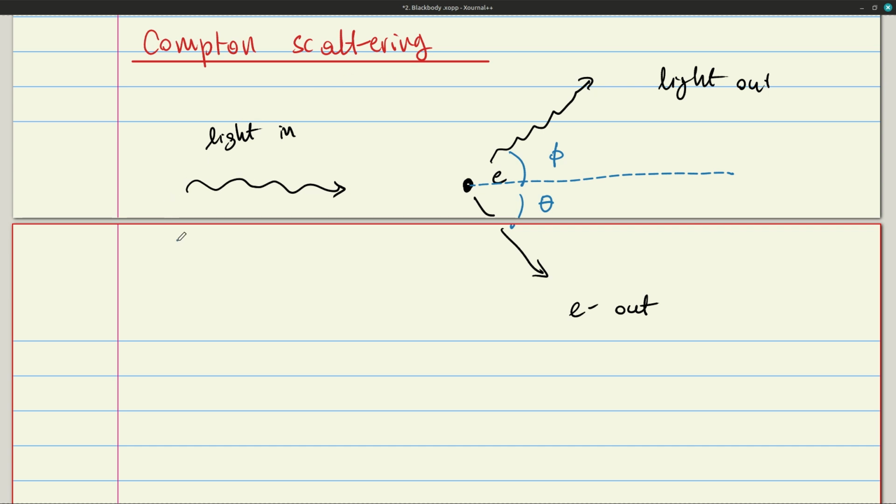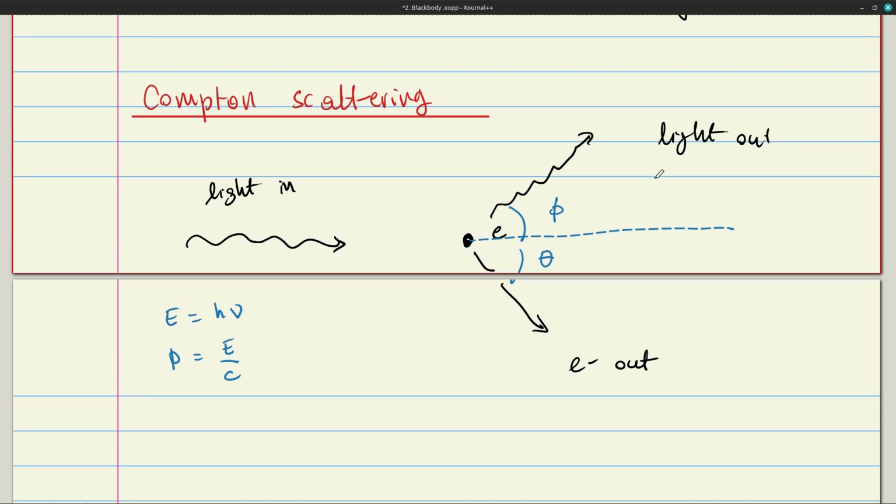On this side, the energy from Planck's law is h nu, right? And for momentum, if you remember relativity, m equal to 0, then E was equal to pc, so P is equal to E over c. On this side, we have E equal to h nu, but there must be a difference in energy, and that difference in energy should go to the electron.